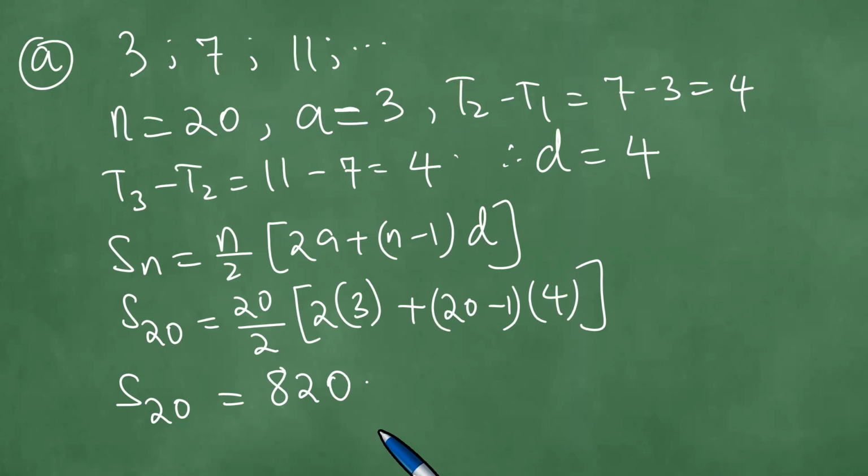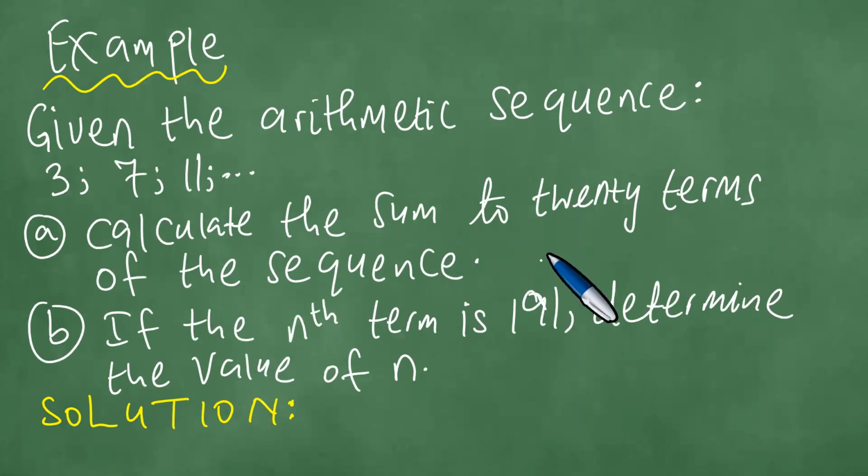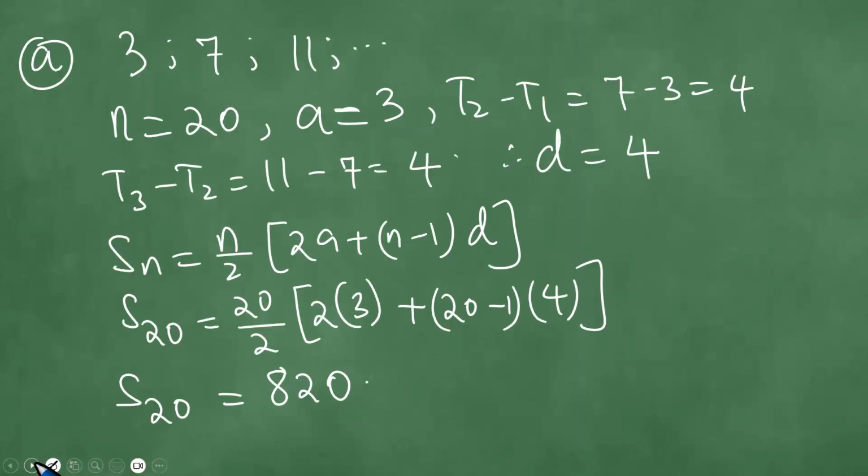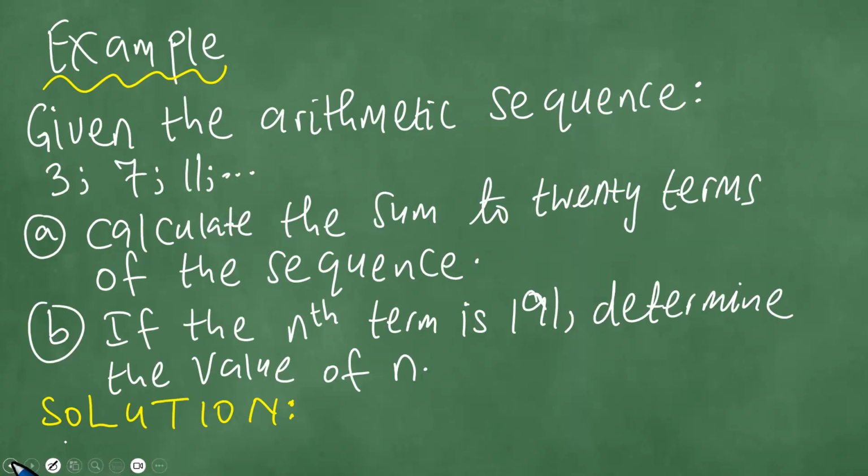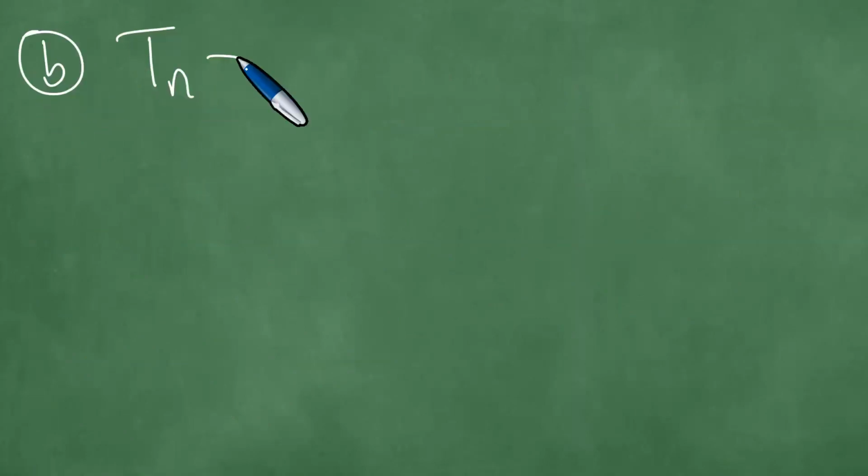Okay, so we continue. And then, there's part B of the question. Part A was calculate the sum to 20 terms, and we found the sum. If the nth term is 191, determine the value of n. So here in B, they gave us the nth term. The nth term means this is 191.